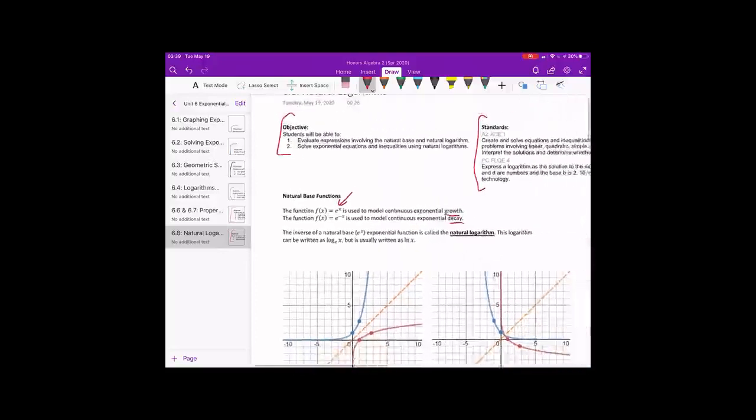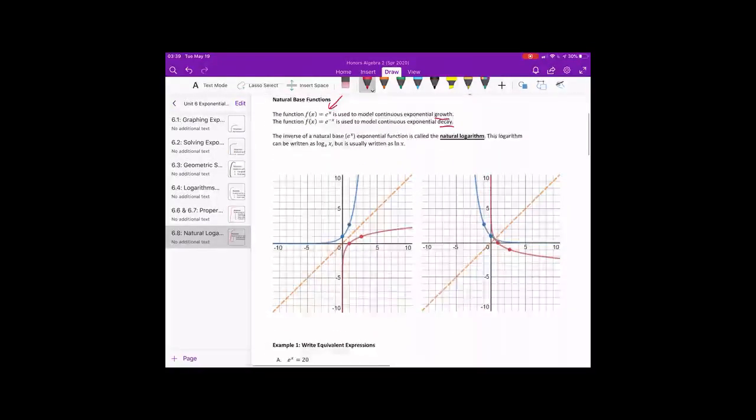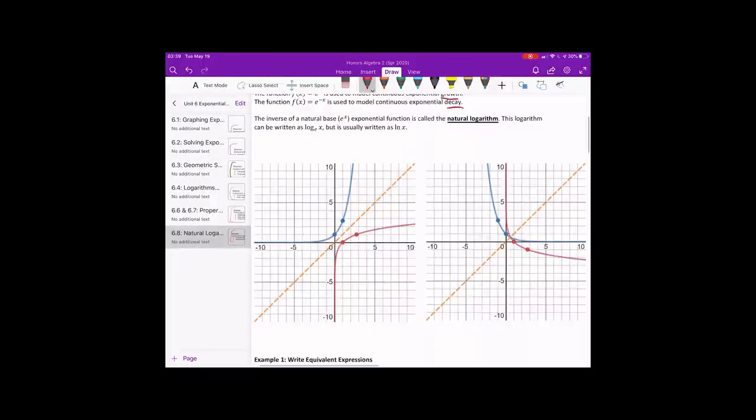We see that represented here in these two equations. The red is our natural log of x, and the blue is our e to the x, and we'll have the same here, e to the negative x. Sorry, not the natural log of negative x, the natural log of x in red.